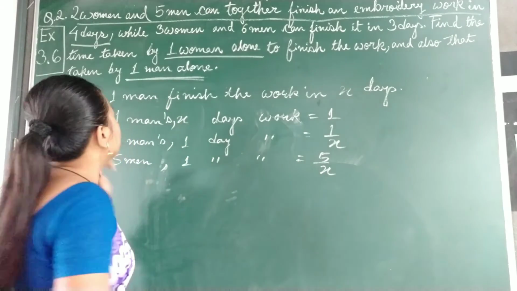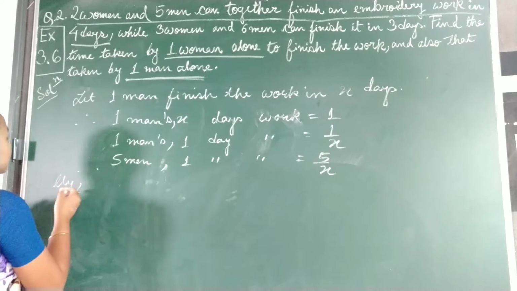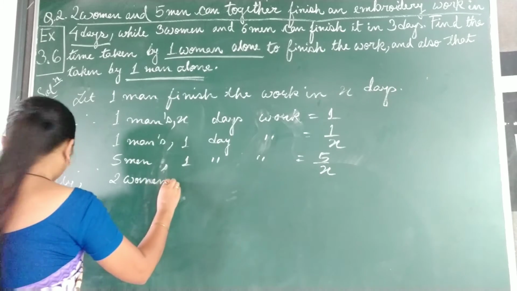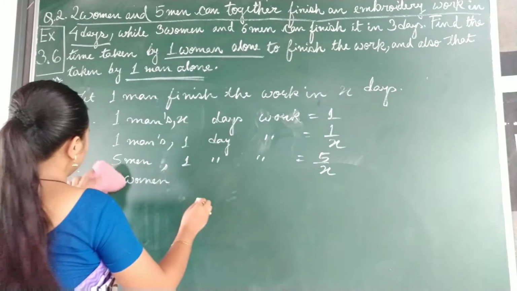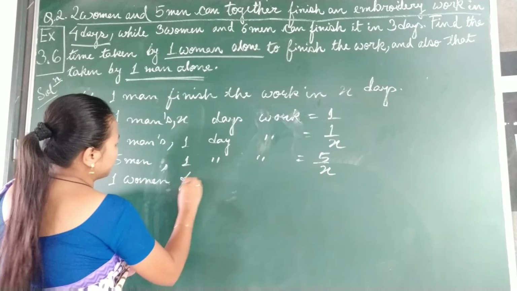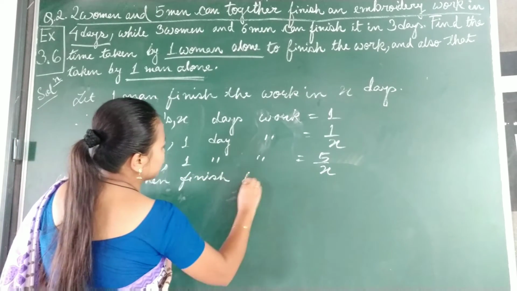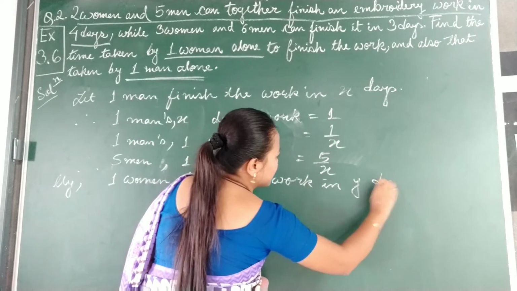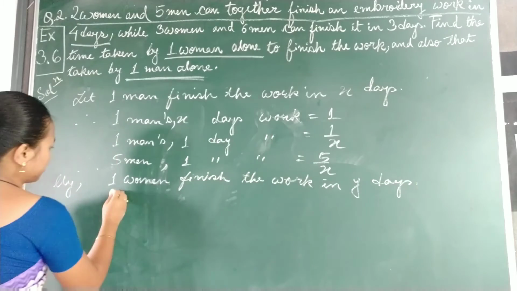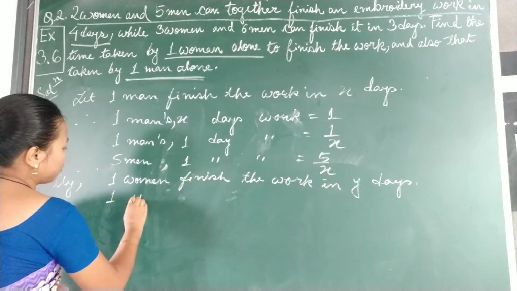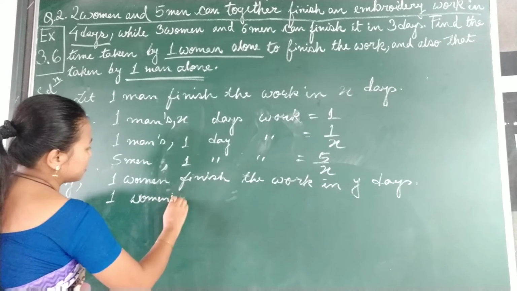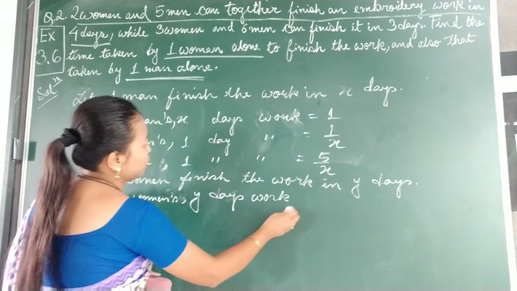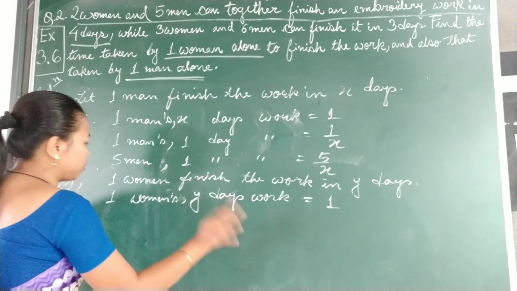I guess you understood. So similarly, again for 2 women, you can first take 1 woman. Similarly, 1 woman finishes the work in Y days. That shows that 1 woman's Y days work is equal to 1, one complete work.